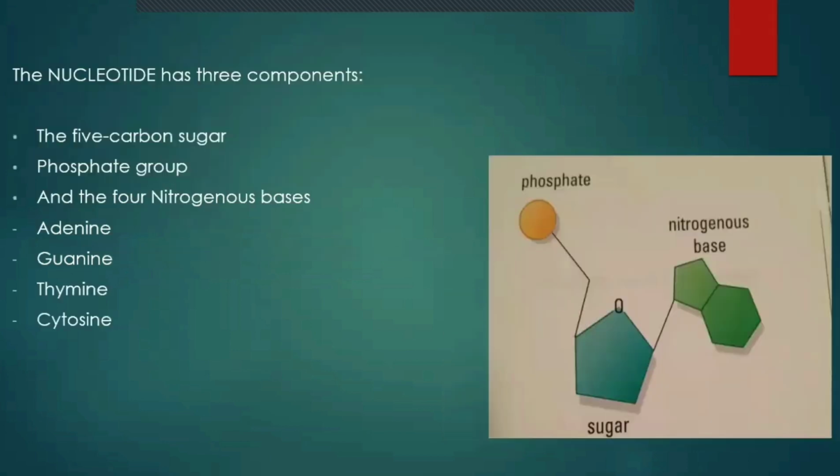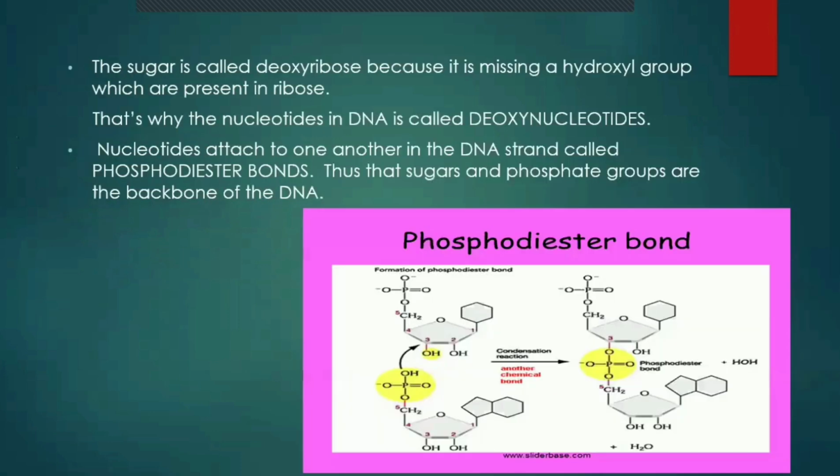The nucleotide has three components: the 5-carbon sugar, a phosphate group, and the 4 nitrogenous bases, which are adenine, guanine, thymine, and cytosine. The sugar is called deoxyribose because it is missing a hydroxyl group which is present in ribose. That's why the nucleotides in DNA are called deoxynucleotides.